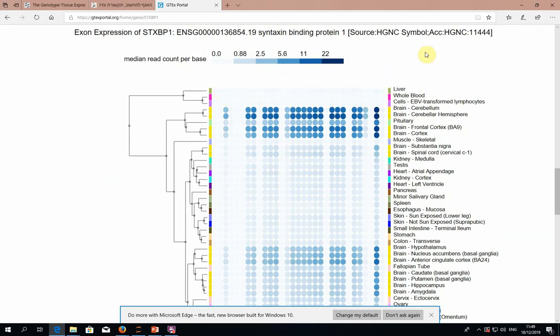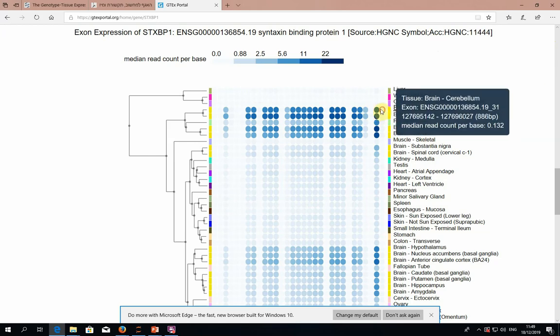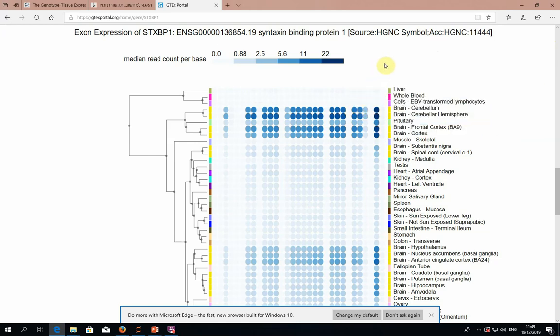The size of the exon is gone, it's only the numbering of the exons. So again, I think visually you immediately see that, for example, this exon is very highly expressed versus this one. Does anyone have some idea why this exon is much more expressed than the others? Yeah, exactly.